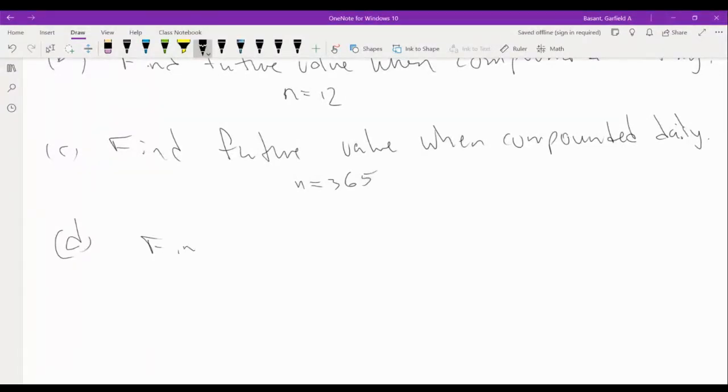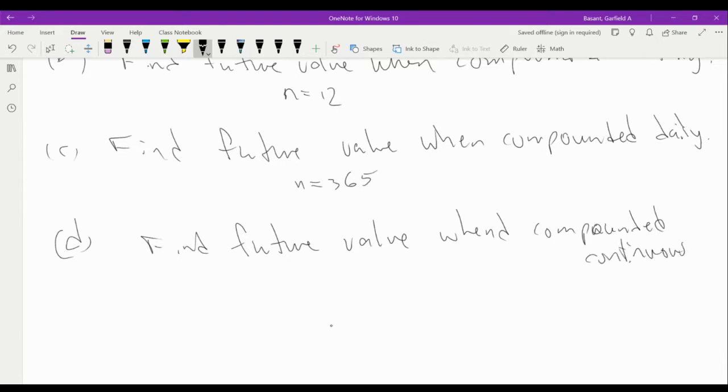Find the future value when compounded continuously. What's changing here? The formula, excellent.